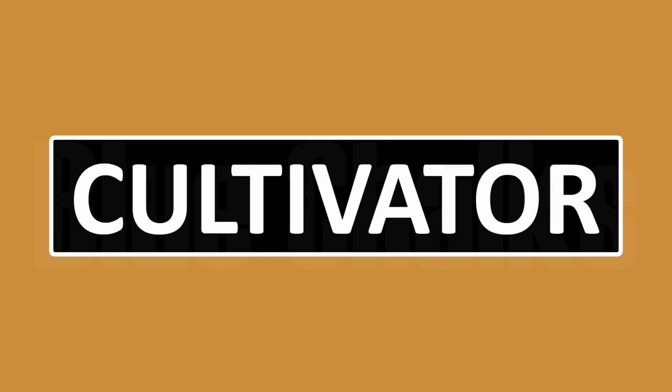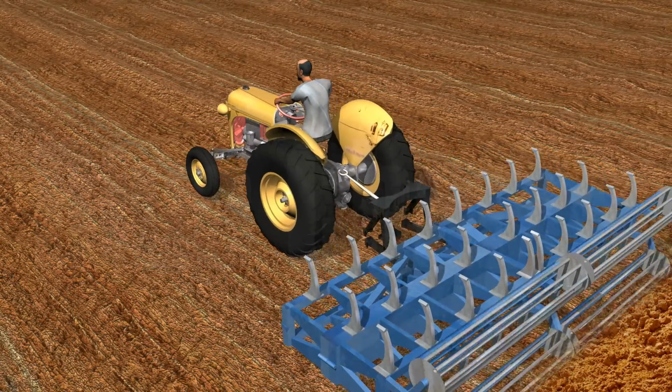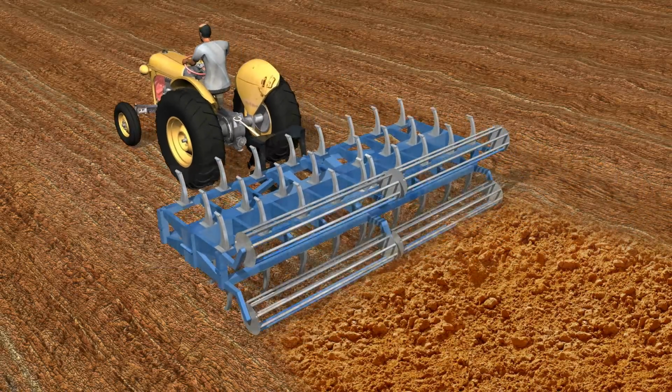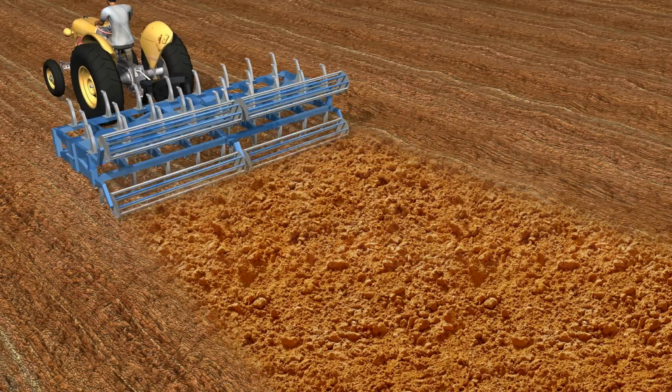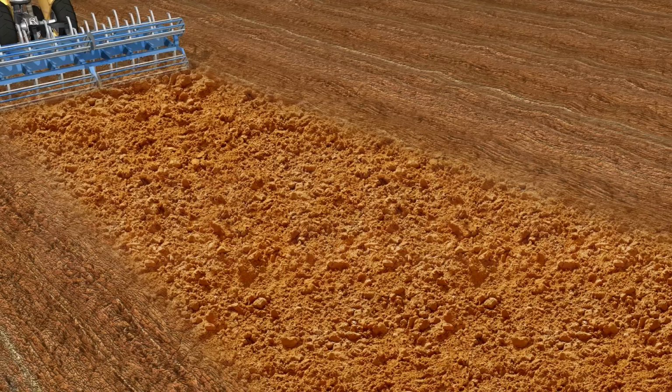Nowadays, ploughing is done by cultivator. Cultivator is driven by a tractor, so requires less of human and animal efforts. The use of cultivator saves labor and time.